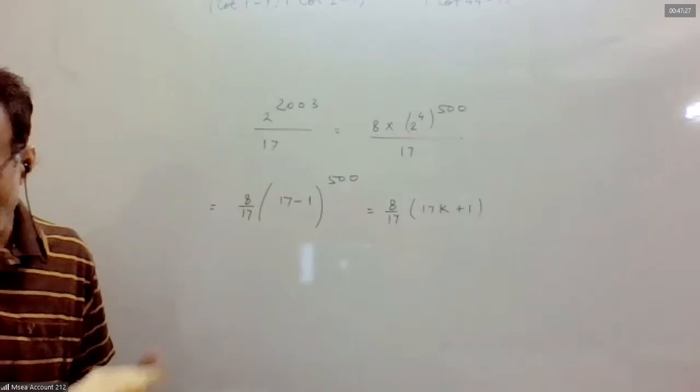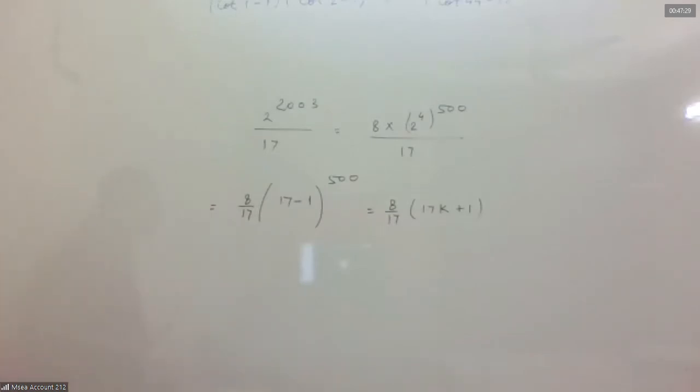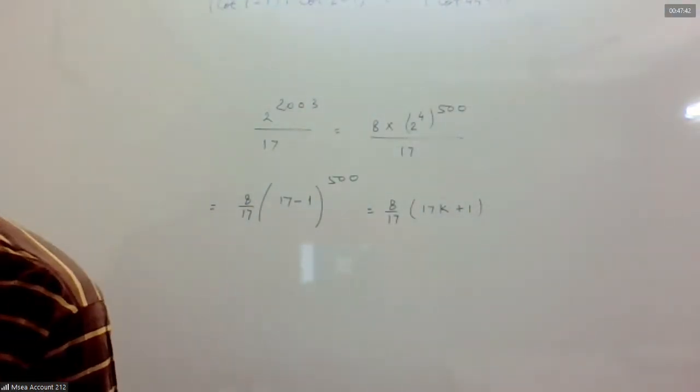Any other? Sir, one more. Which one? For what integral values of x is x square minus 13x plus 58 the square of an integer? Question number? 21, sir.